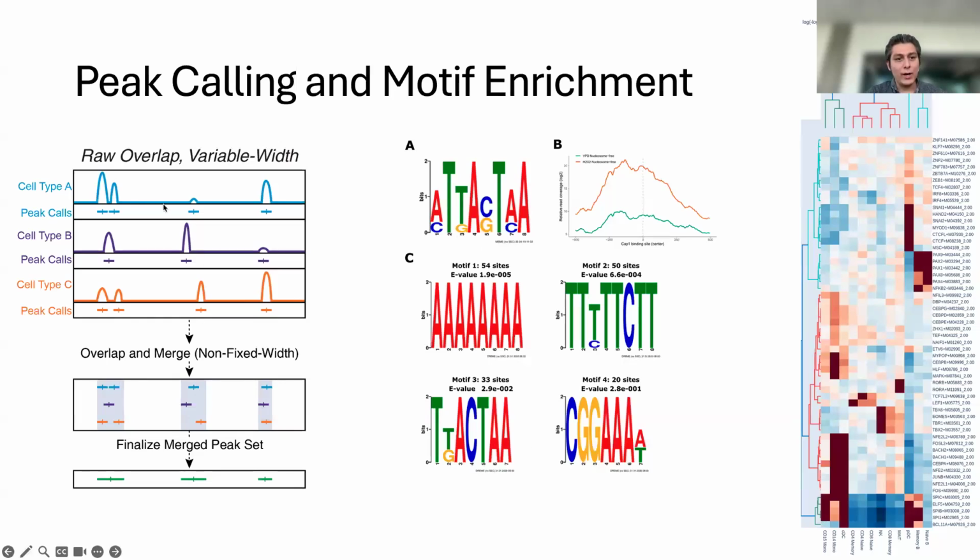And you can see where within these called peaks we have enrichment of our motifs that we know correspond to specific transcription factors. In this way, we perform transcription factor motif enrichment, and we can use a similar process for enhancer motif enrichment.